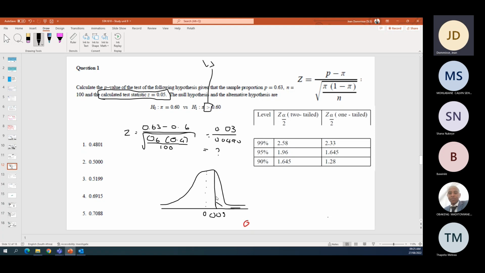And they want us to work out that p-value. So that for me is just interesting. That should actually be the same. That answer and that answer should be the same, but okay. We'll double check that again. Let's just go to the tables.